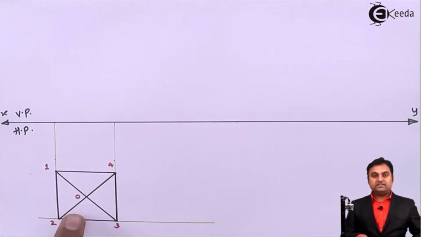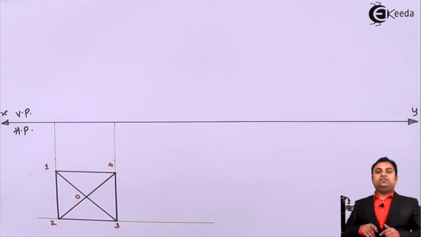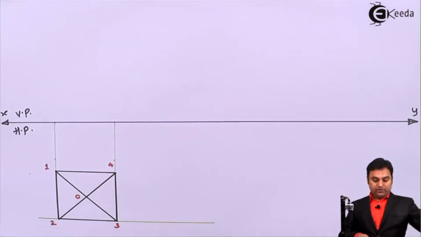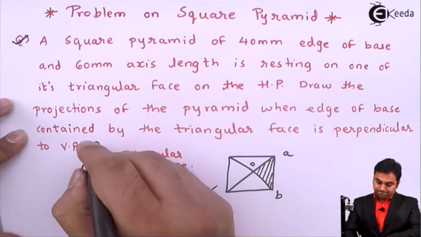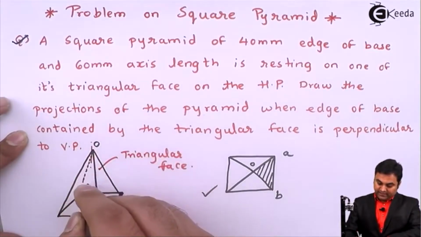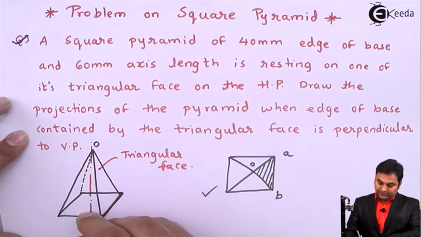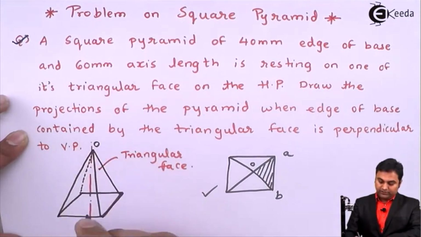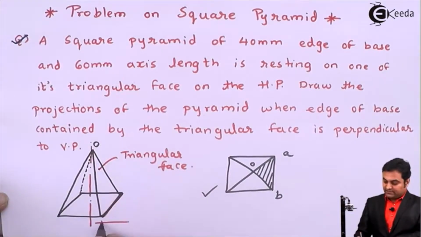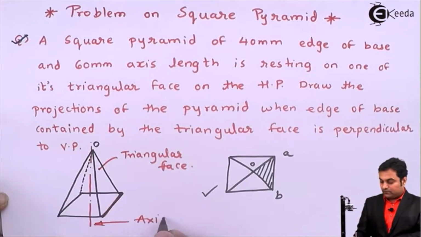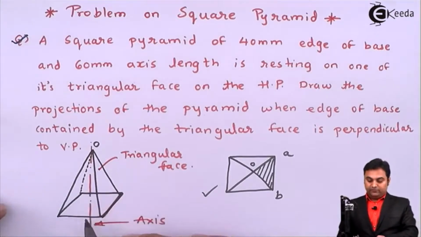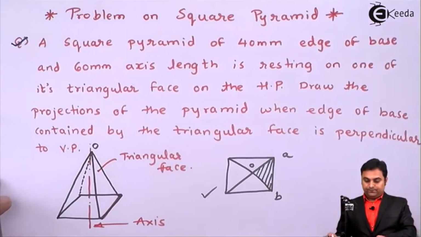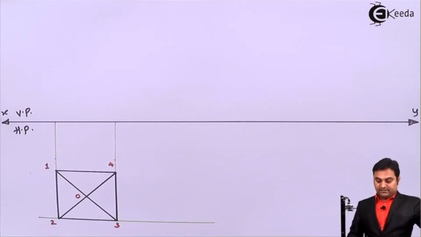Next, when this apex is seen in the front view, the axis would be seen, because in a pyramid there is an axis which is passing through the center of the base up to the vertex. So this axis is visible as a point in the top view, and in the front view it will appear as a line, and the axis height is given as 60.